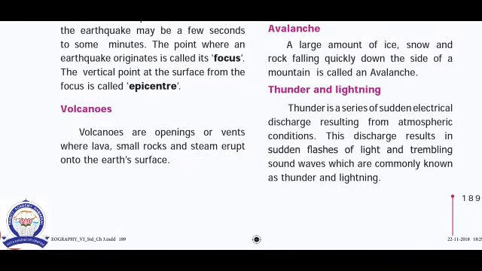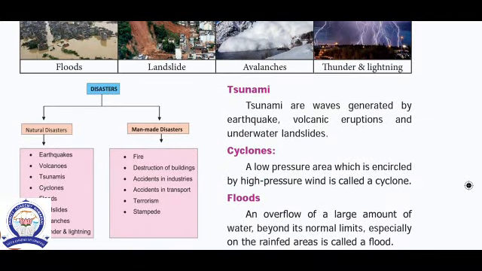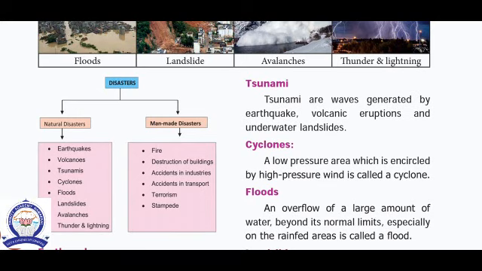Volcanoes. Volcanoes are openings or vents where lava, small rocks and steam erupt onto the earth's surface. Tsunami. Tsunamis are waves generated by earthquakes, volcanic eruptions and underwater landslides.